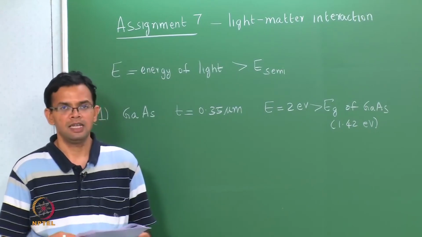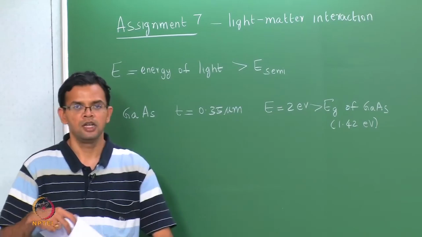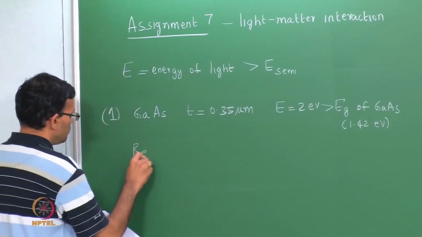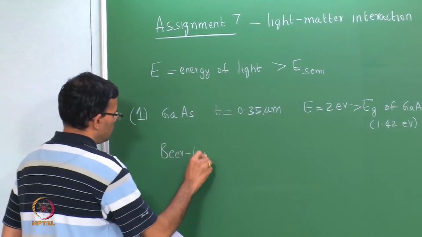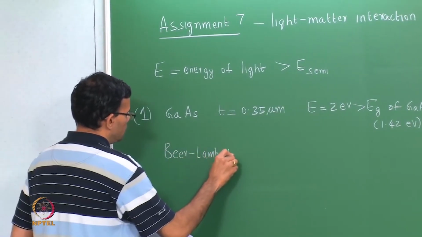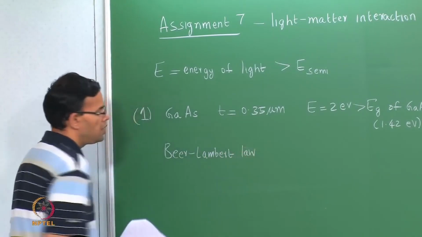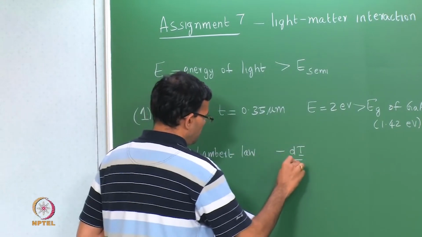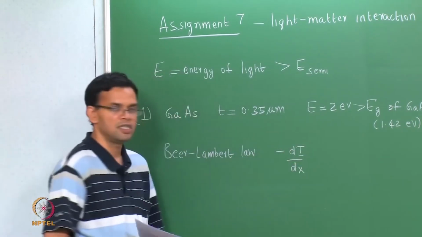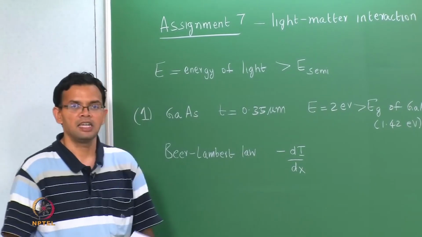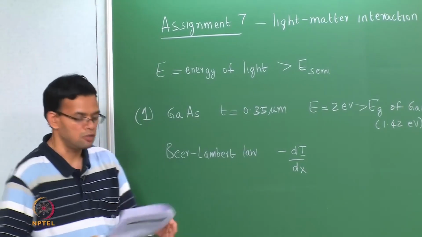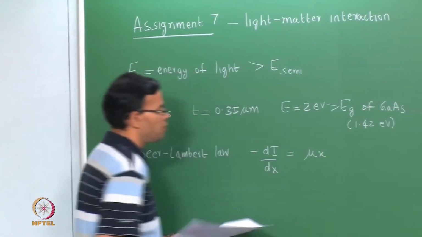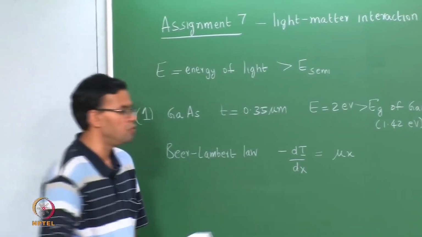So, when we look at light absorption through a material, we basically go back to the Beer-Lambert law. The Beer-Lambert law says that the change in intensity over a small distance dx, and there is a negative sign because the intensity actually goes down, is directly proportional to x, and the proportionality constant is called mu.